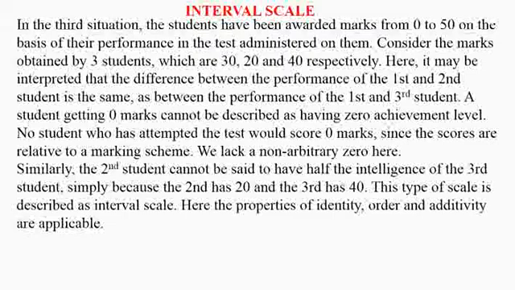Here, the properties of identity, order, and additivity are applicable. The properties of identity, that is, you can identify the object or the data, you can order them, you can position this data, and you can add or subtract.